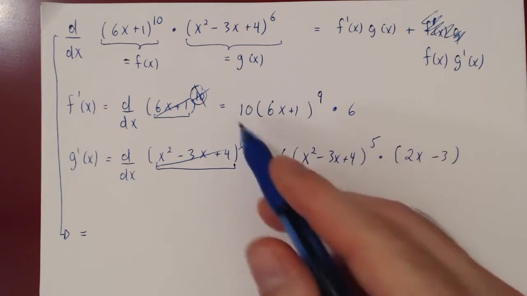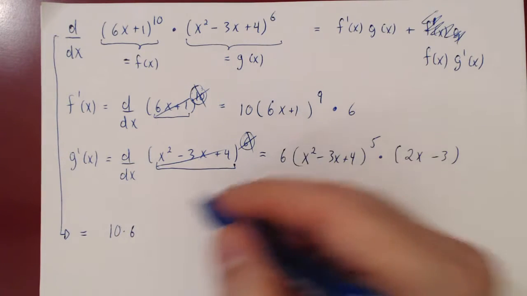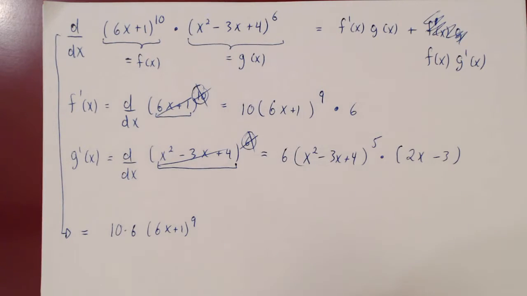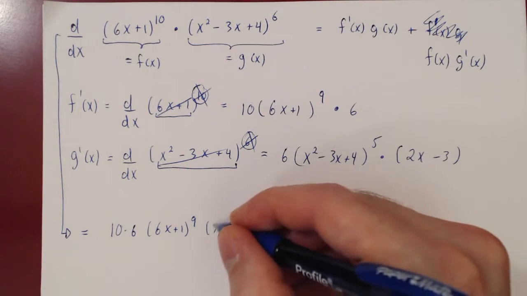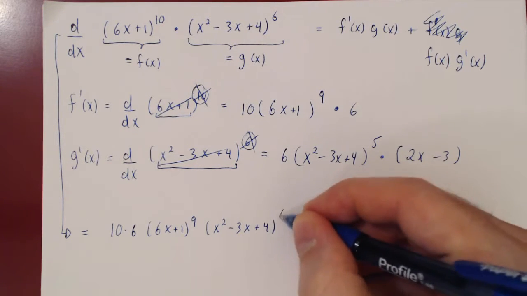So f prime of x, we'll write 10 times 6 times (6x plus 1) to the 9th power. That's f prime of x times g of x, (x squared minus 3x plus 4) to the 6th power.